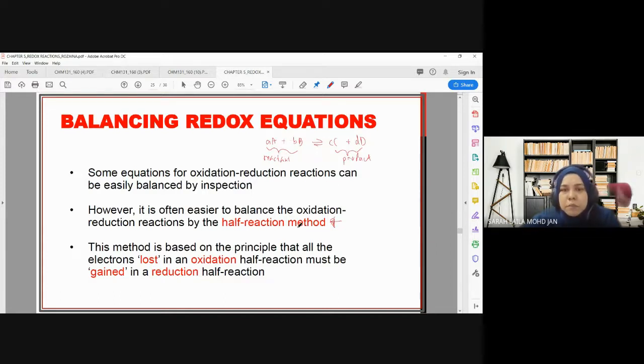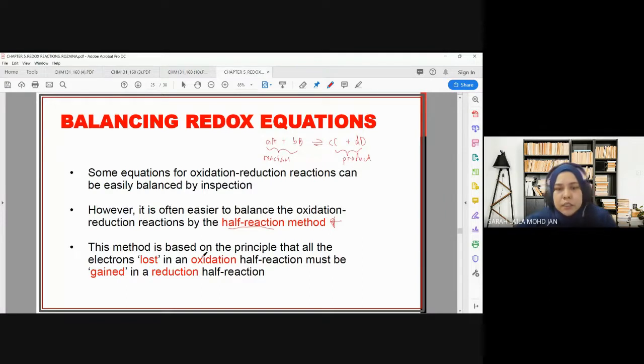But for oxidation reduction, you must use this half reaction. Mean to say, first when you get the full equation, benda pertama you kena buat is you have to come up with its own half reaction. Awak kena pecahkan kepada dua reaction, which is oxidation reaction and also reduction reaction.